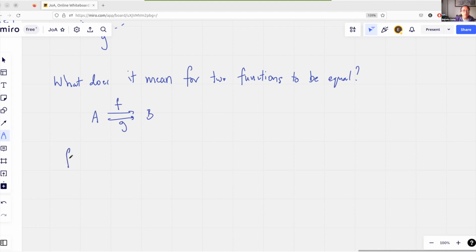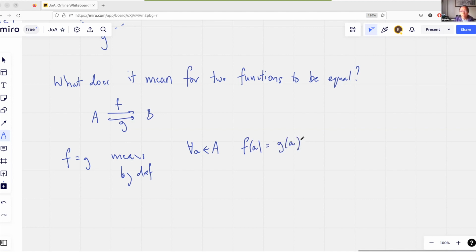F equals G means, by definition, for all a in A, F of a equals G of a.